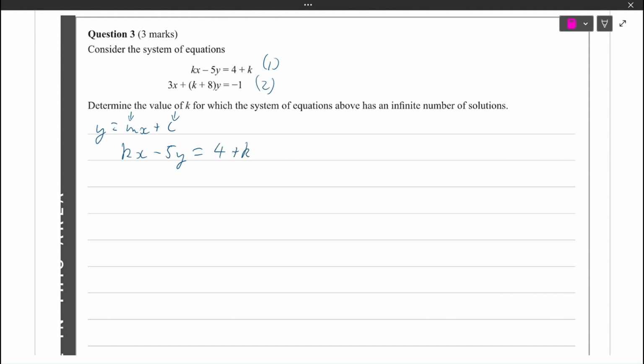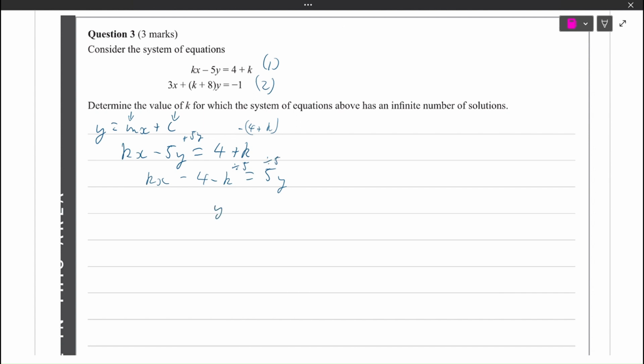So here I can add 5y to both sides and minus 4 plus k, and that gives us kx minus 4 minus k equals 5y, and then divide everything by 5.